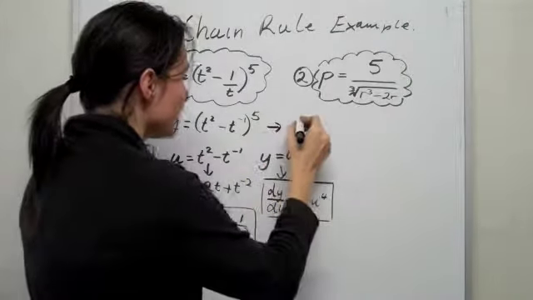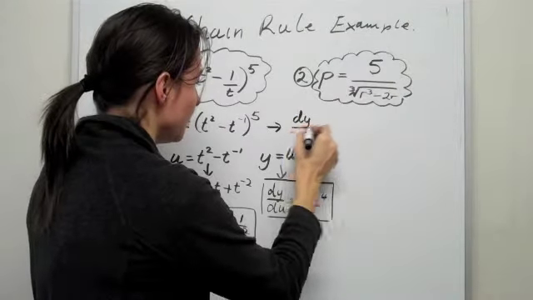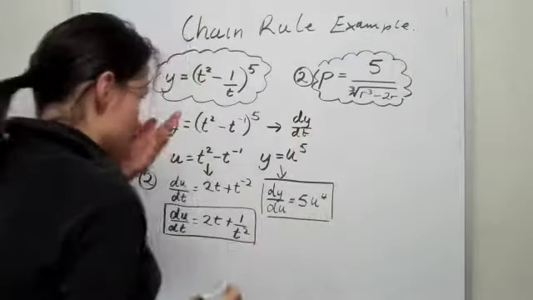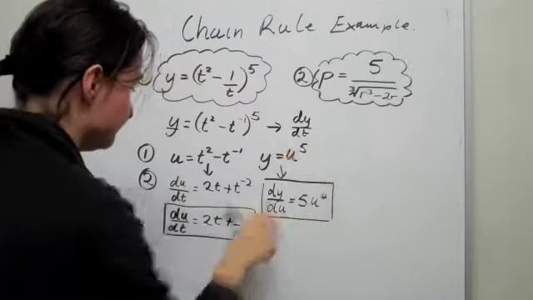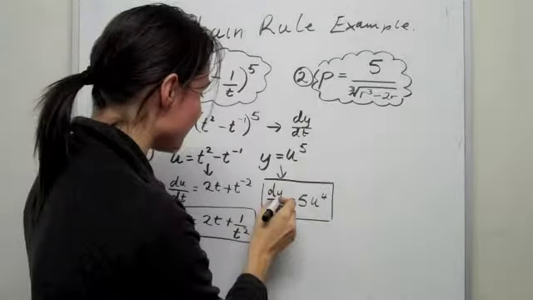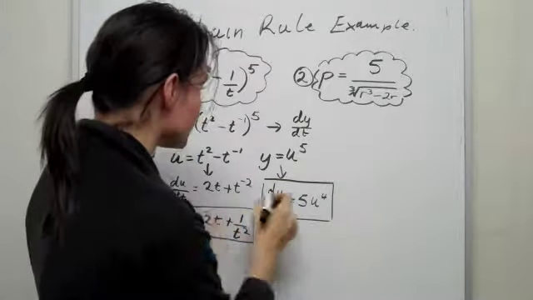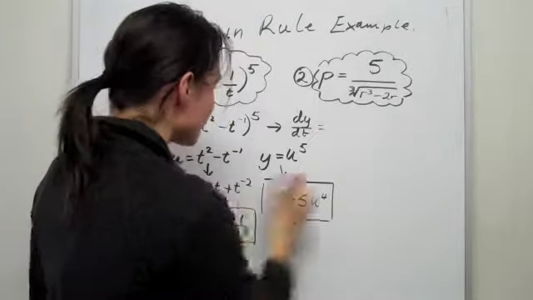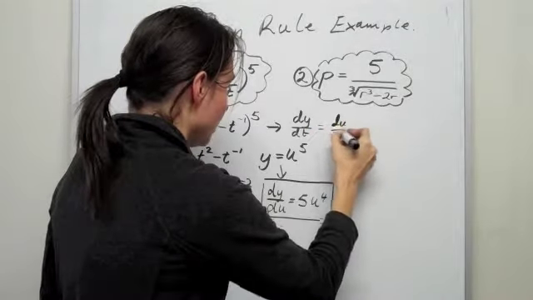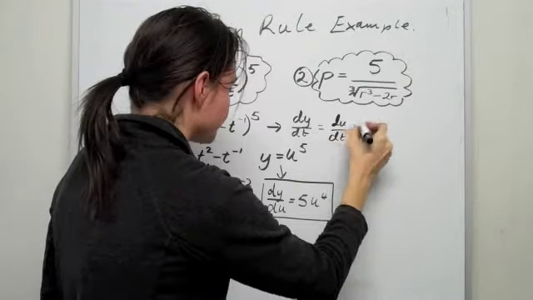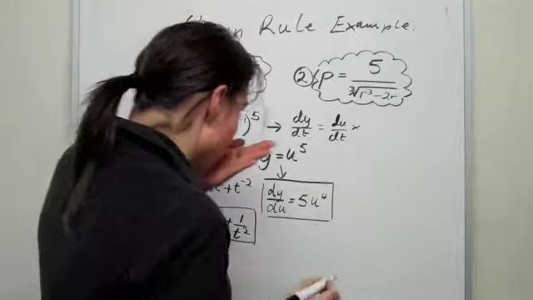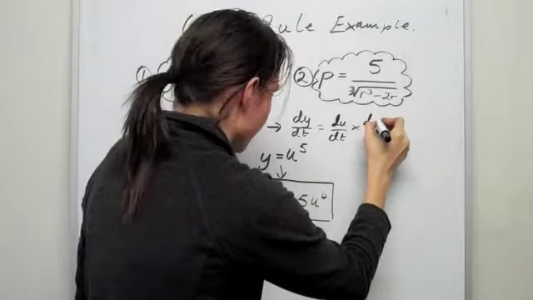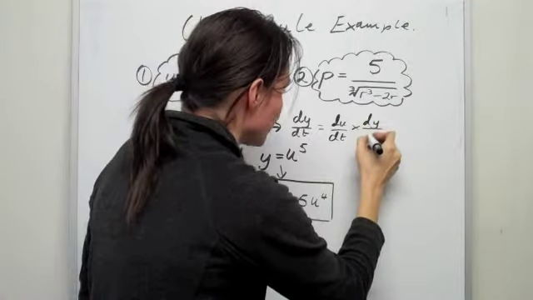So basically we're going to figure out dy over dt. The way you set this up is you have to use these differentials. So you've got du over dt times, sorry, I've got a bit of a cold, dy over du.